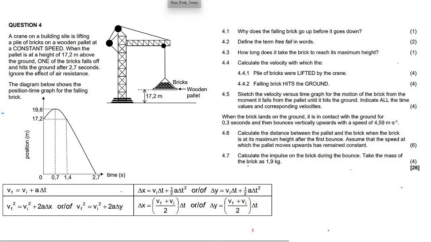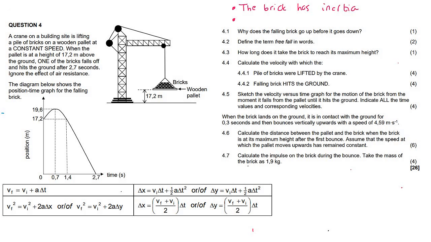So the first question here says, why does the falling brick go up before it goes down? You could say a couple of different things. You could say the brick has inertia. Remember inertia from grade 11? Inertia is the tendency of a mass to keep moving in its original direction.